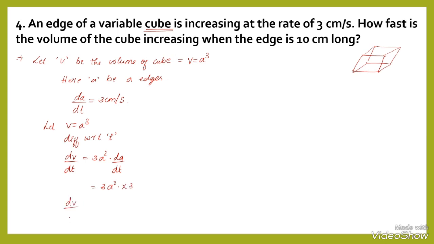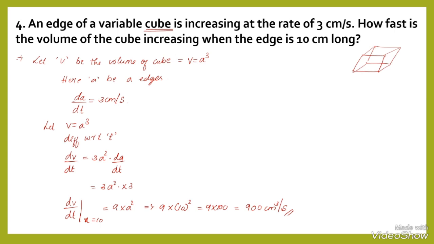We want the rate of change of volume at edge length a equals 10 centimeter. So 3 into 3, 9a square. I can substitute the a value here: 9 into 10 square, it becomes 9 into 100, that is 900 centimeter cube per second. So this is the result of the given problem.